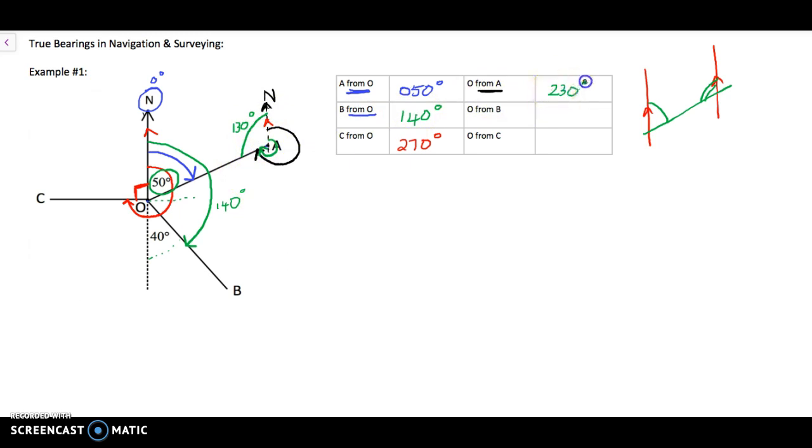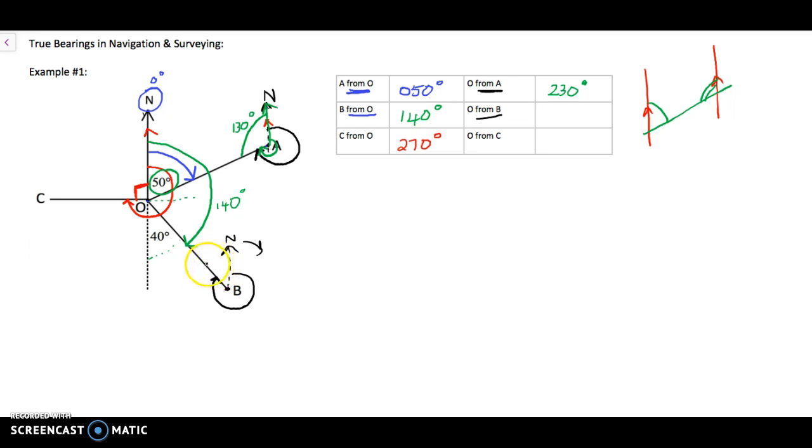So if I want to look at point O, if I'm standing at A, I'm going to face north and go clockwise all the way around to 230 degrees. If we were standing at point B this time, I want to find O from point B. So I'm going to drop in a north point and start at 0, going clockwise. My bearing's going to be quite large all the way around.